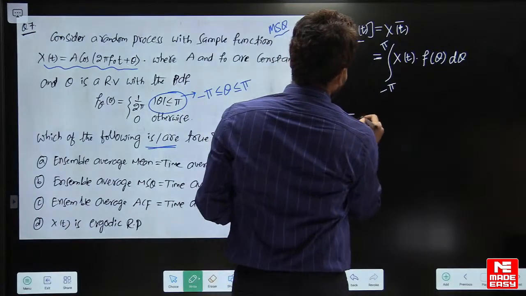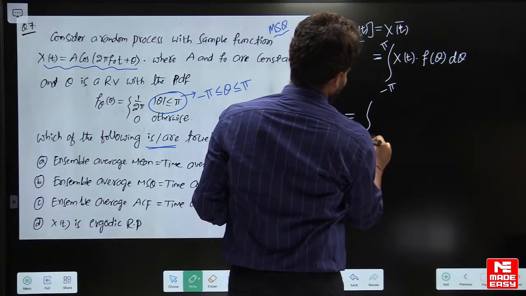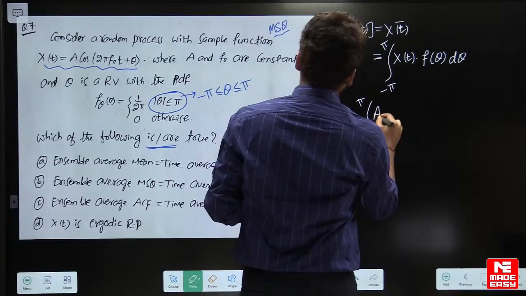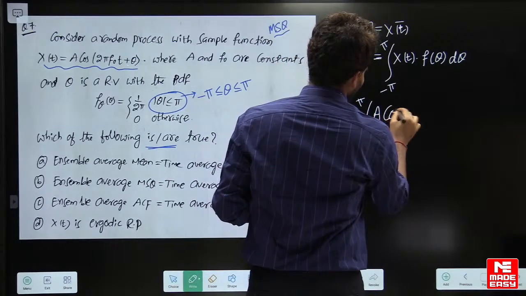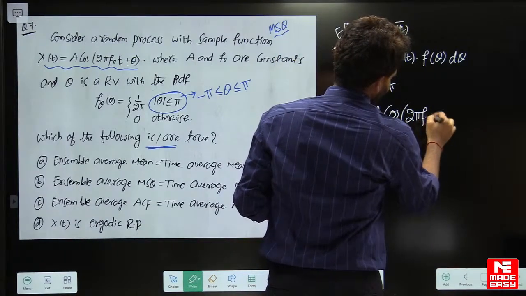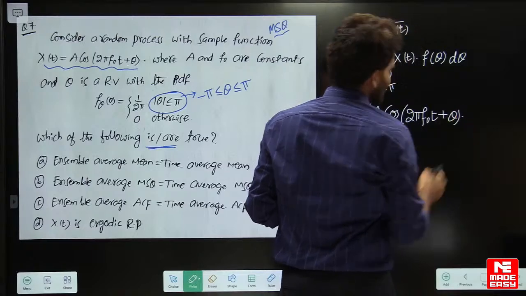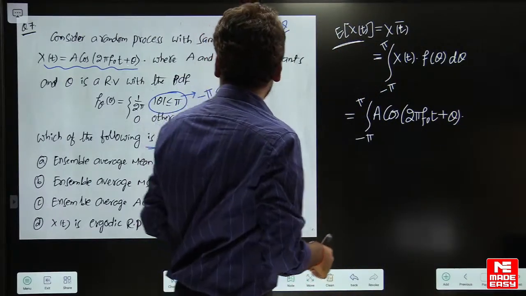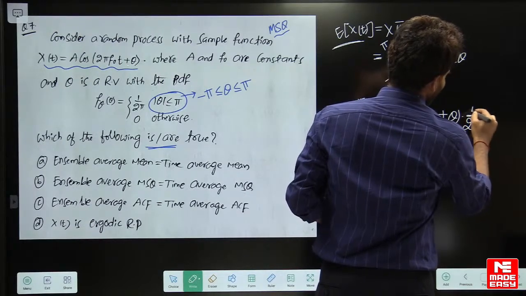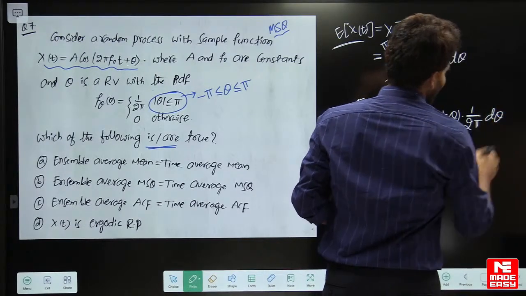So it will be the integration from minus pi to pi of x(t), where x(t) is A cos of 2 pi f naught t plus theta. f of theta is 1 by 2 pi, with d theta.